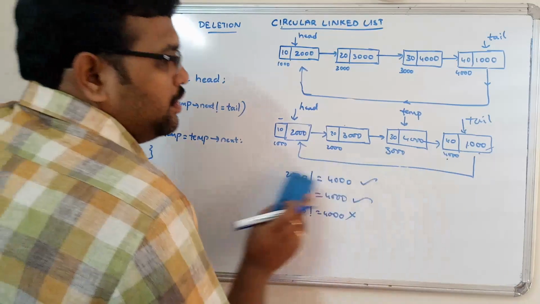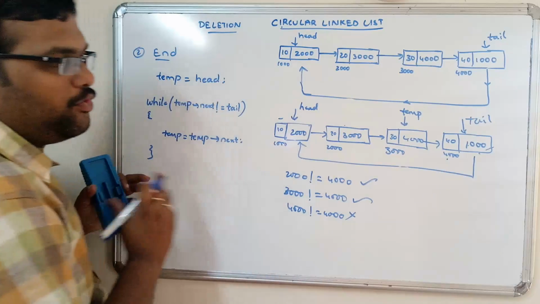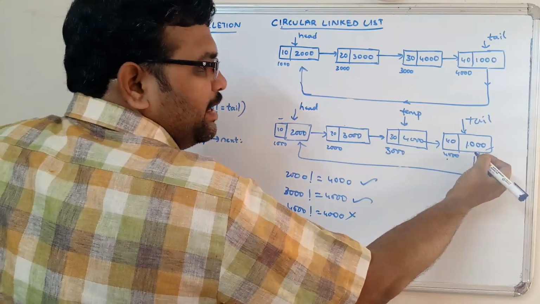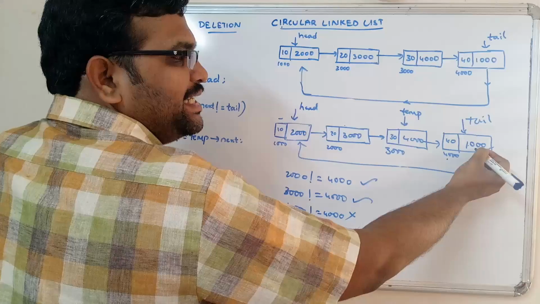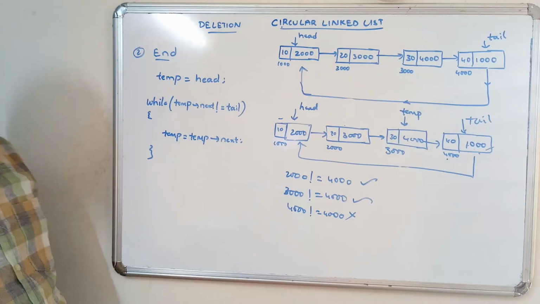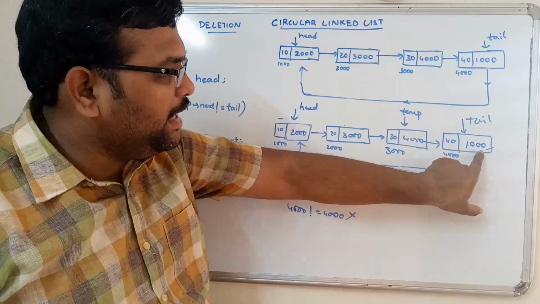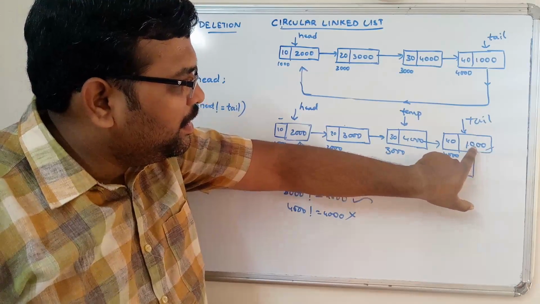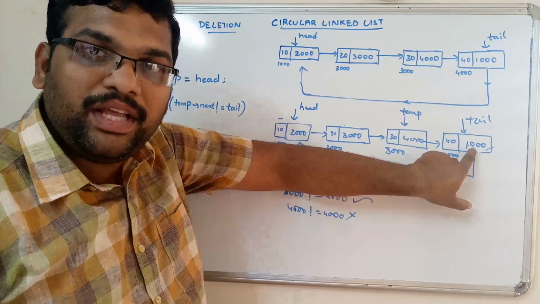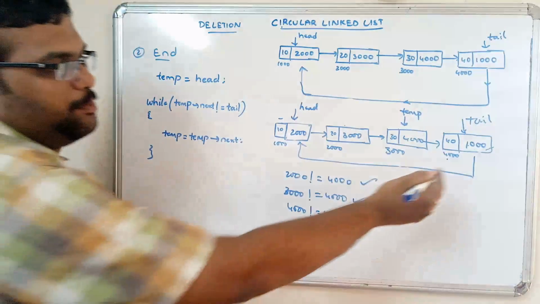Now see what we have to do. Here we have to disconnect this tail. So simply replace this 1000 with null. So what is this position?